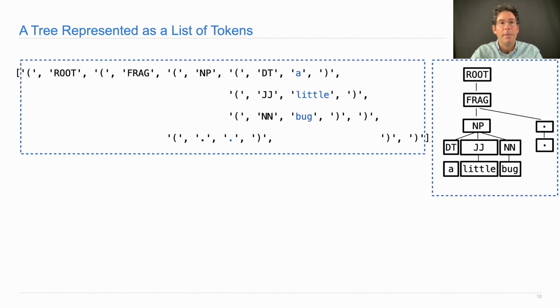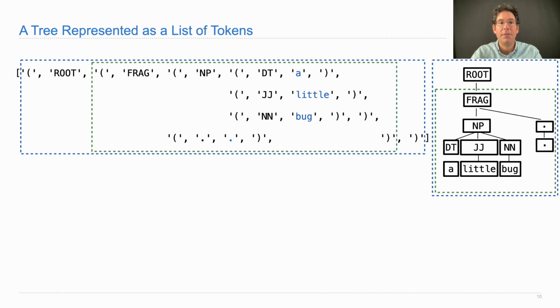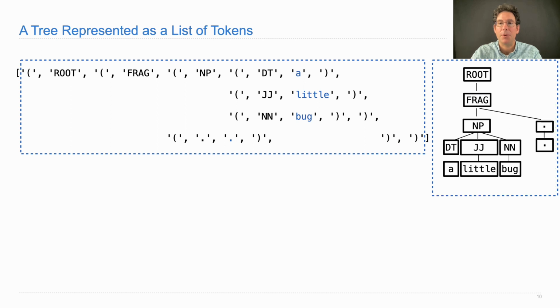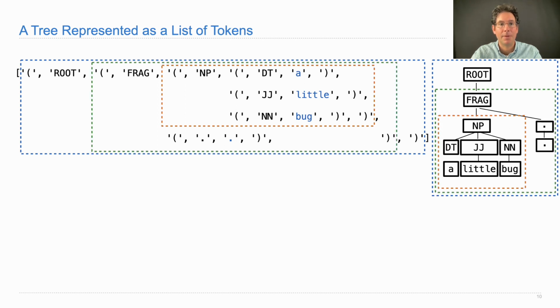So this entire list corresponds to the entire tree, but this smaller list corresponds to a branch of that tree, and this smaller list to another branch, etc. You can even get down to this word little representing a leaf of the tree. And why is it a leaf? Well, it's in this special position where it doesn't have an open parenthesis in front of it, so it's just a label on its own.